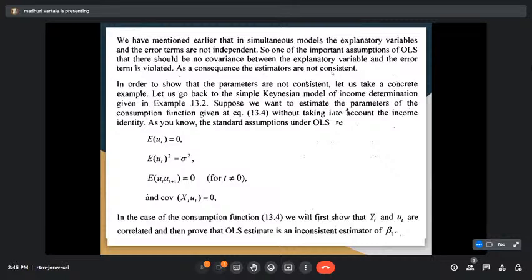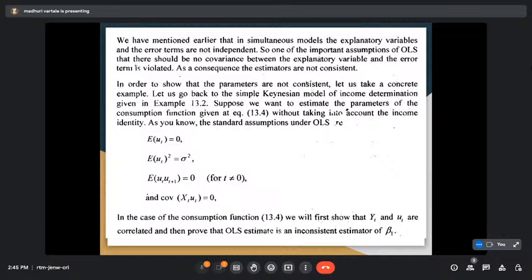In order to show that these parameters are not consistent, let us concentrate on an example, that is the Keynesian model, the income determination theory provided by Keynes. Suppose we want to estimate the parameters of the consumption function given in the equation, that is consumption depends on the income level.